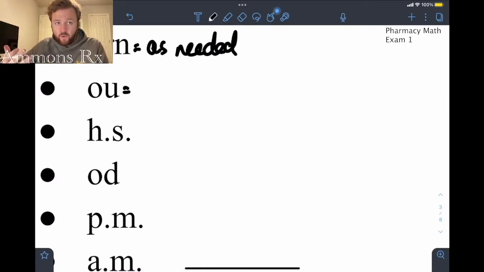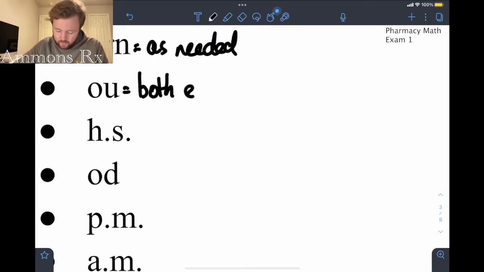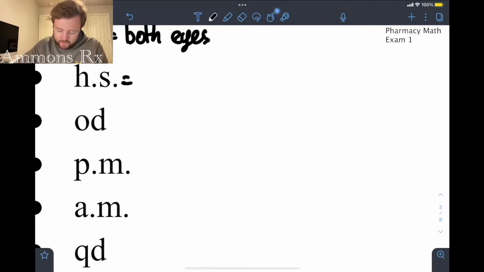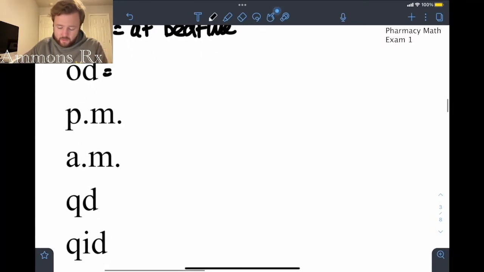OU, we have O for eyes, and then U for uniform, both eyes. HS for hour of sleep, so you take this for an hour of sleep, meaning at bedtime.